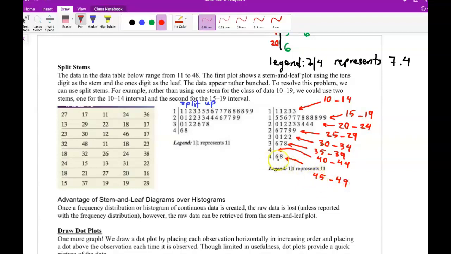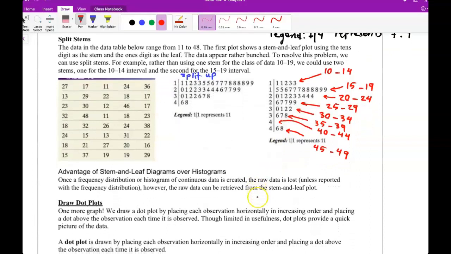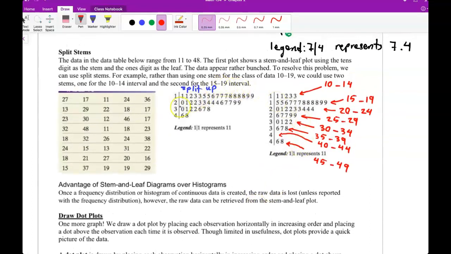See, we have 46, 48. These two numbers are in this interval. So this is how we decide which numbers belong to which part. So instead of that one, now we have this part.